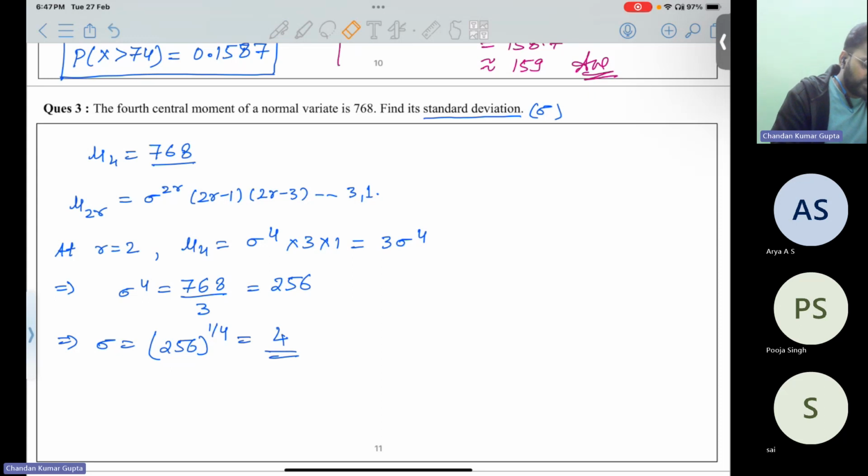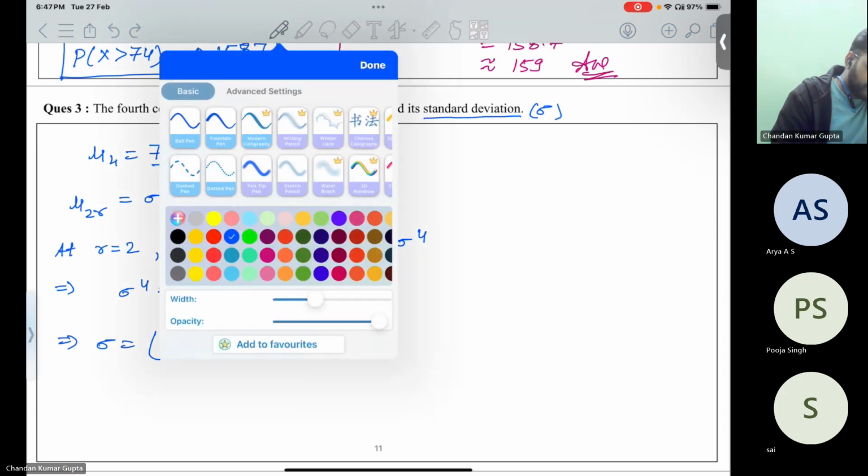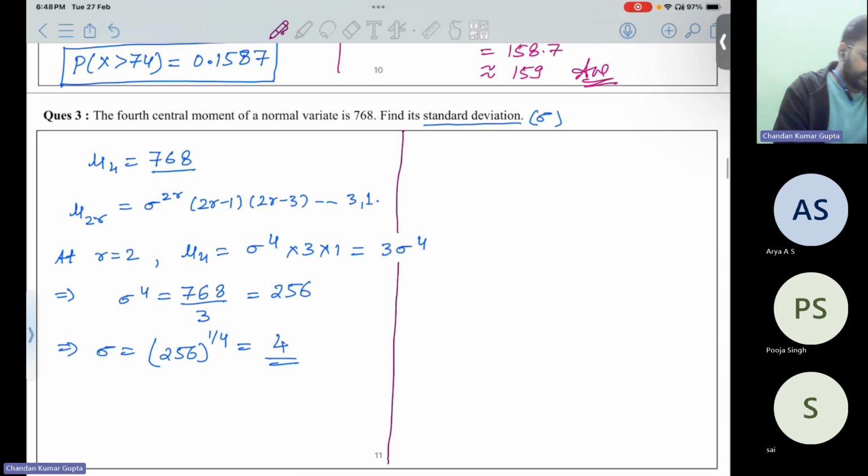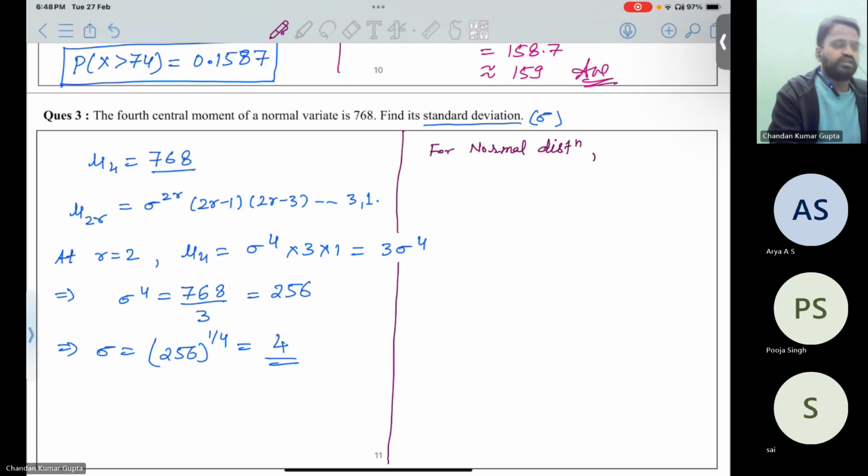You may also solve this with another method. Can anyone tell me? Since here we are dealing with normal distribution, so for normal distribution, it is mesokurtic.